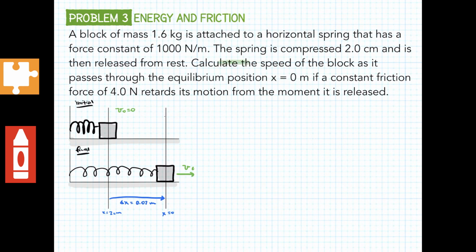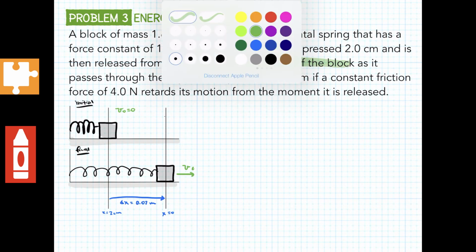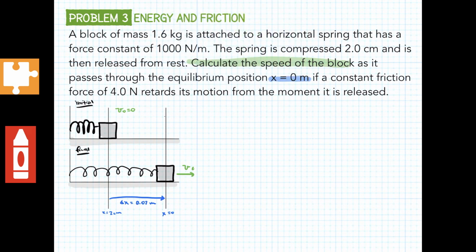So calculate the speed of the block at x equals 0. Remember, we're going 2 centimeters, so that would be -2 back there.